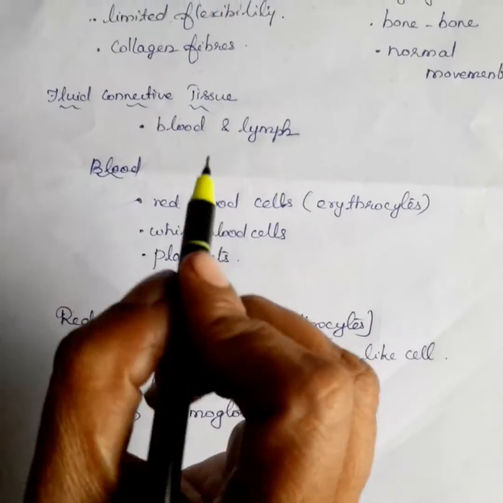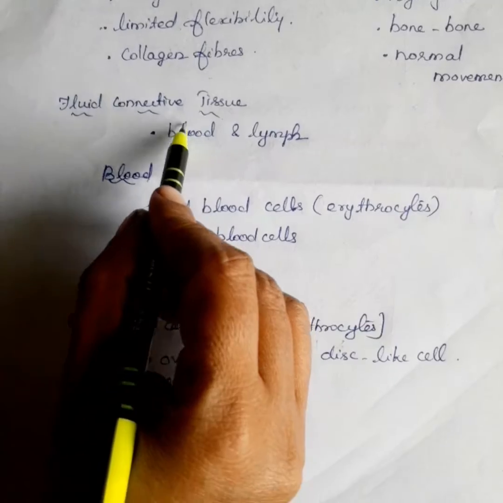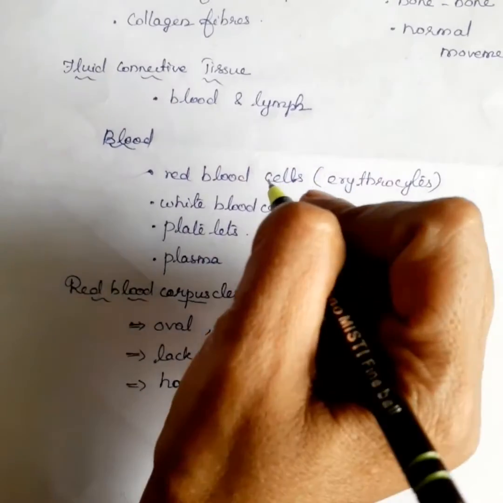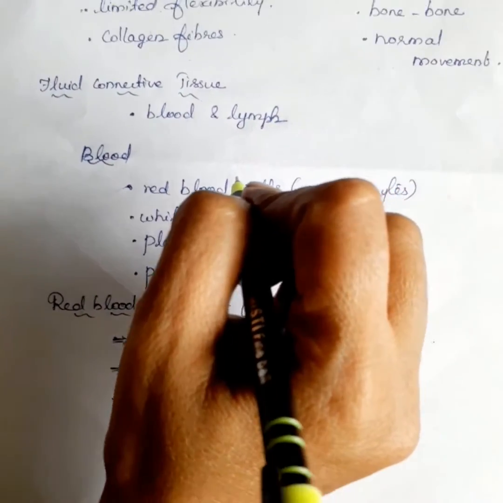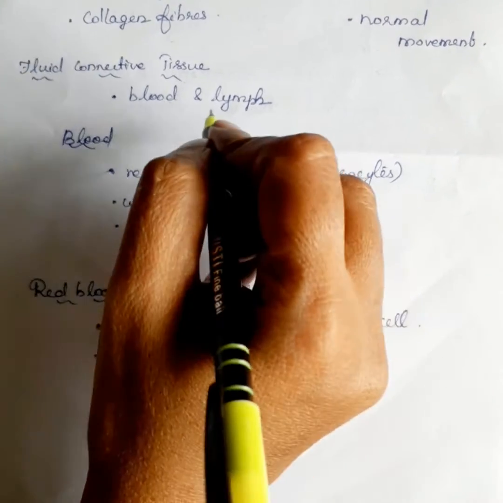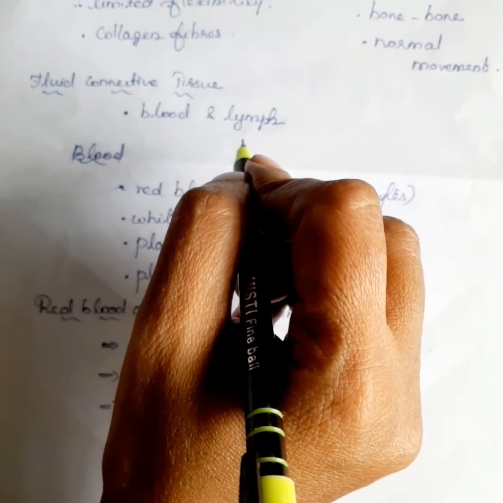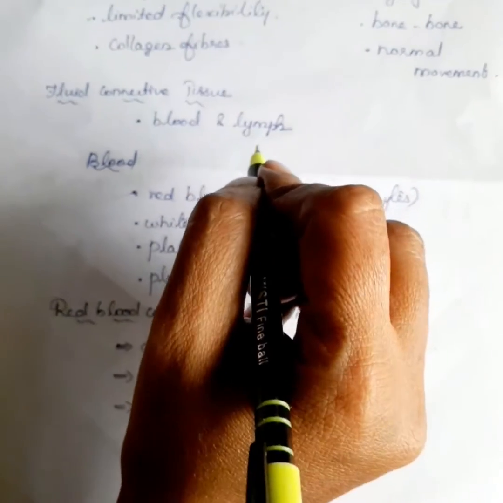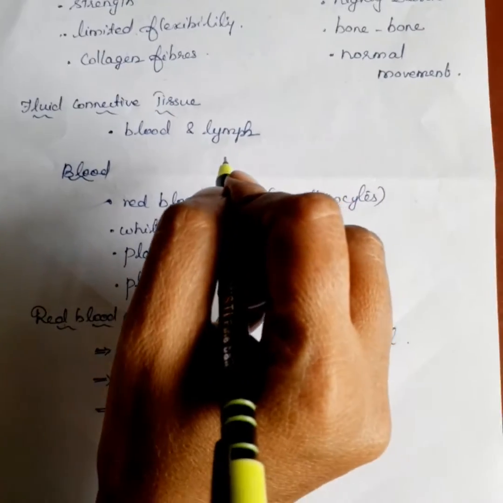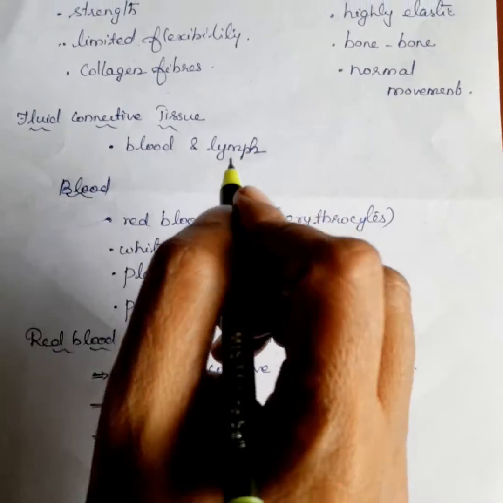Students, next we are going to learn about fluid connective tissue. Blood is the fluid connective tissue. Blood is a red colored fluid, because fluid connective tissue has cells and intercellular matrix. Here, the intercellular substance is in liquid form.